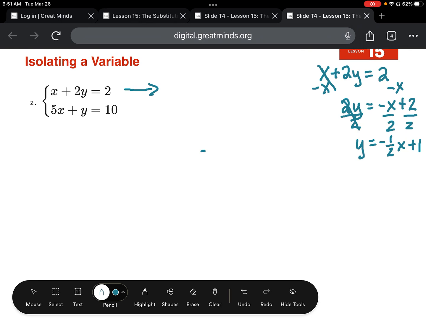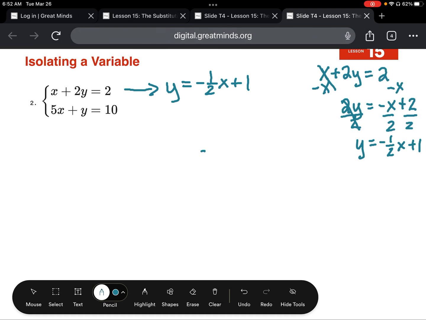So now I have this top equation in slope-intercept form. Let me just double check my work. Subtract an x. Yep, divide by 2. Okay, that looks good. Now that I have one of those equations in slope-intercept form, I can go ahead and substitute that equation into the other one.